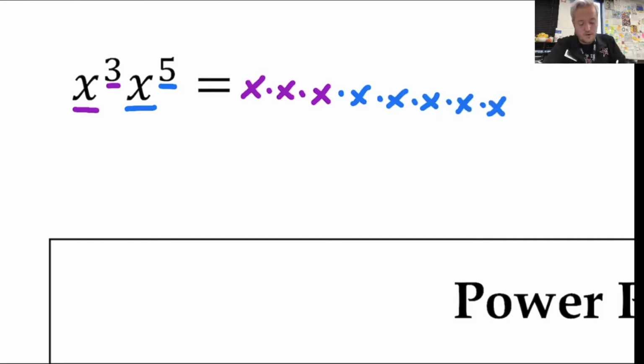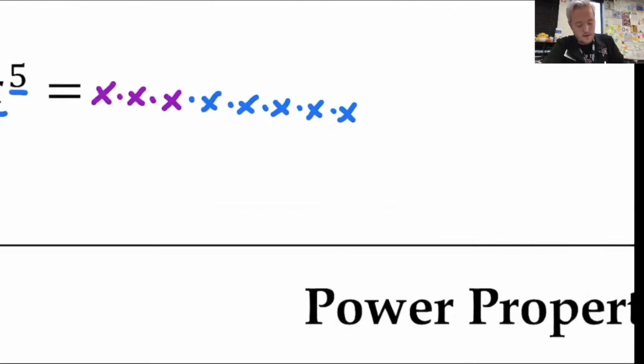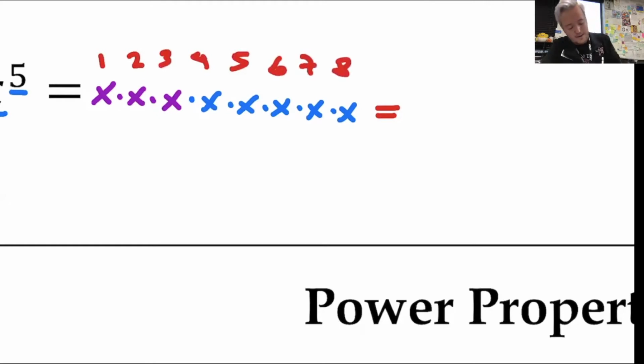I want to simplify this. So what I want to see is how many times I wrote down this x value. I wrote x 1, 2, 3, 4, 5, 6, 7, 8 times, which means 8 is going to be my new exponent.